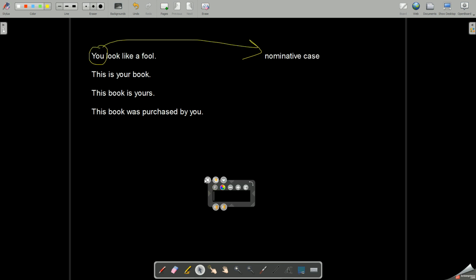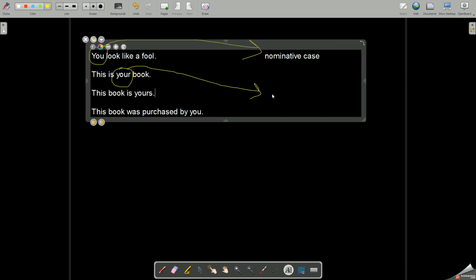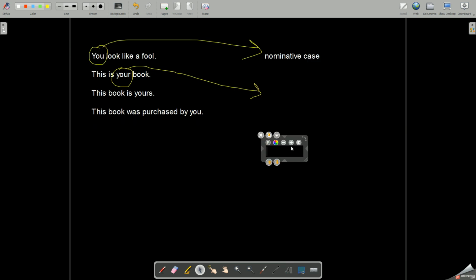Then when I talk about this one, this is your book. So here some possession is shown, but this is considered as possessive adjective.